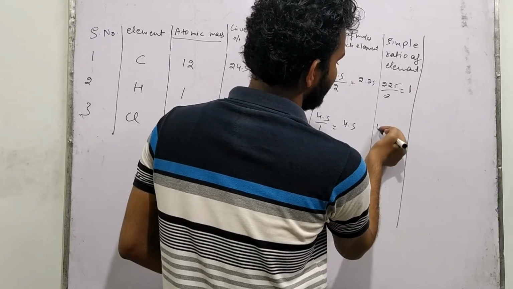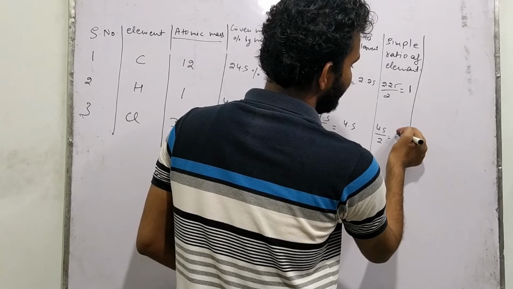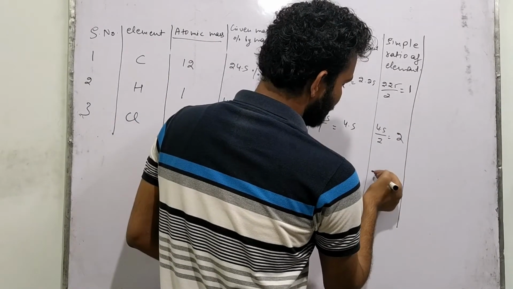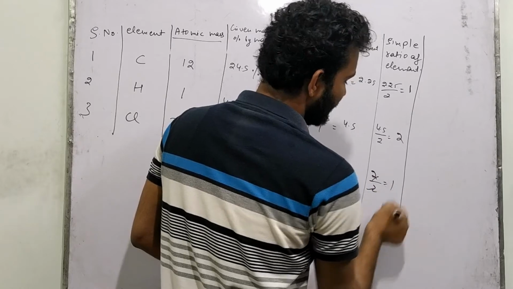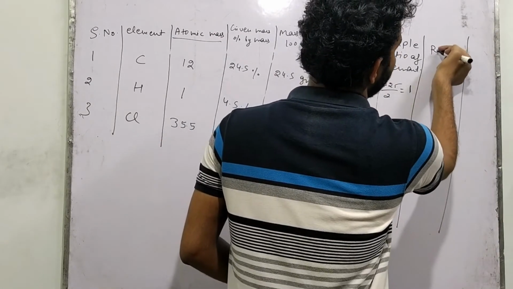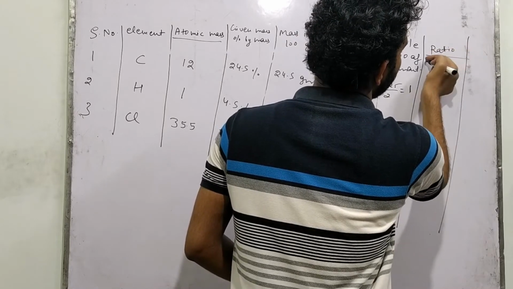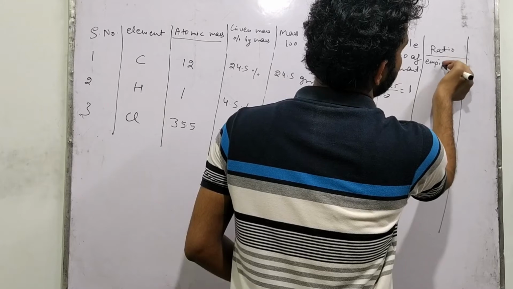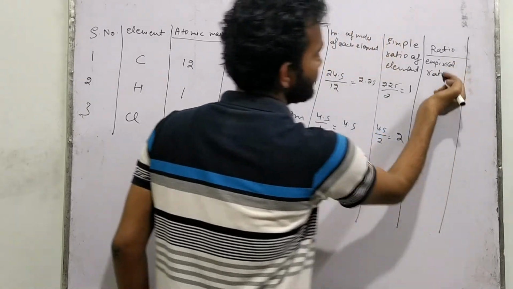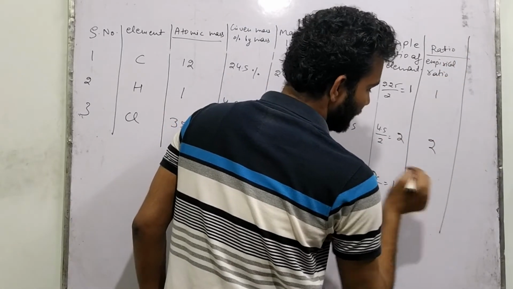If you divide this value, ये आपका थोड़ा फ्रैक्शन में जाएगा तो हम इसको अप्रोक्सीमेटली लेंगे, that is 2. And if you divide this 2 by 2, it will come 1. So simple ratio of element is, finally, you can say it, empirical ratio. That is 1, 2 and 1.